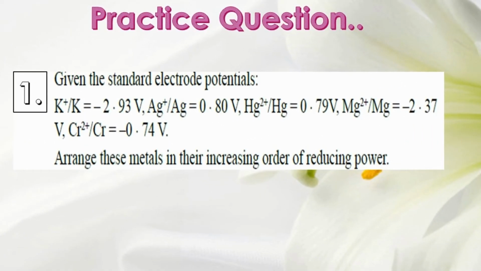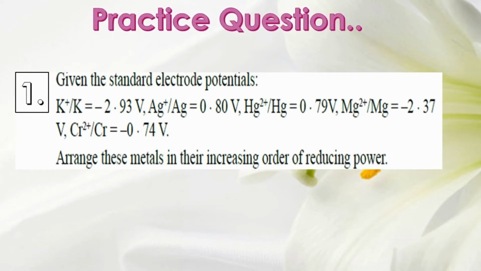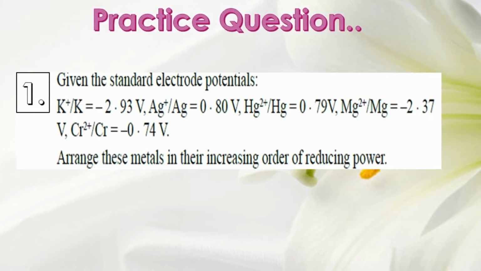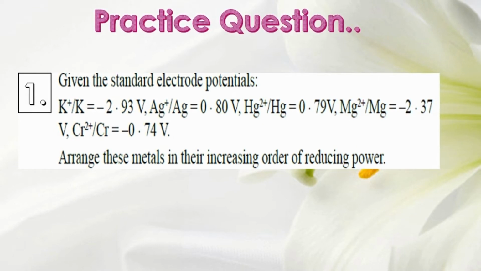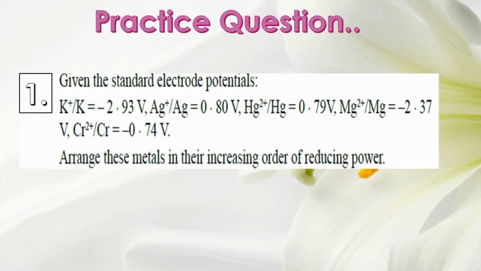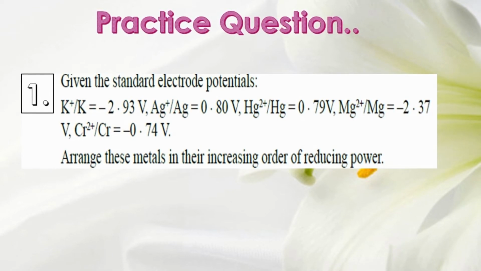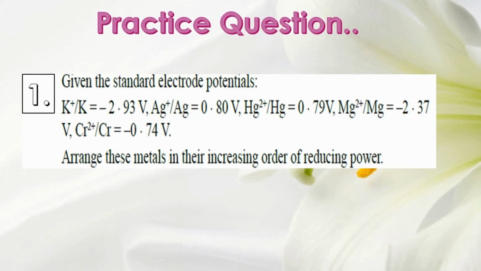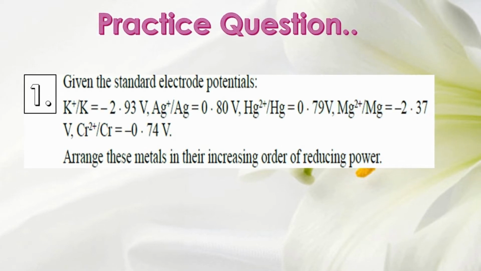Students, now you try to solve this question. You have to arrange the metals in the increasing order of their reducing power. In order to solve this question, you will remember one thing: as the electrode potential value becomes more negative, strength of reducing agent increases.